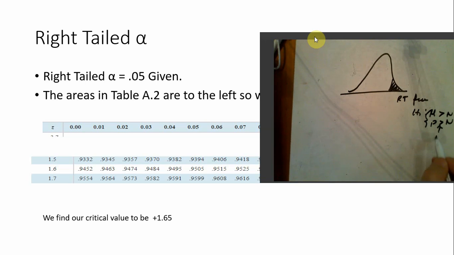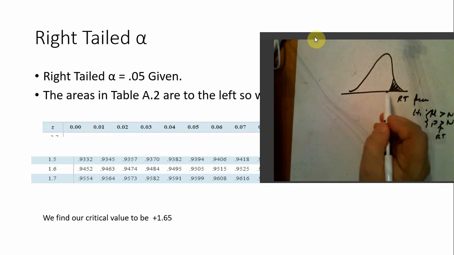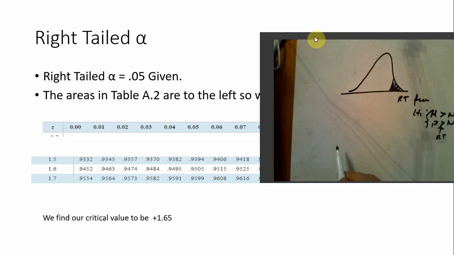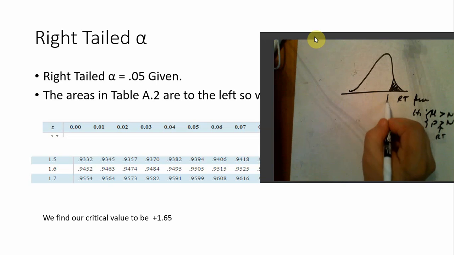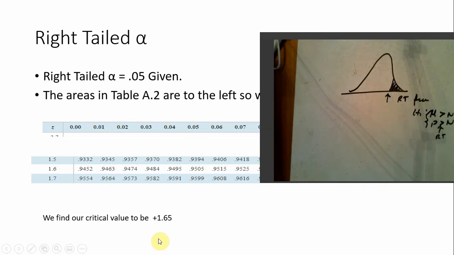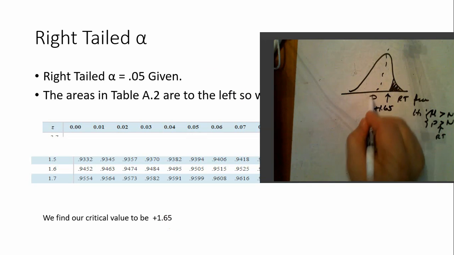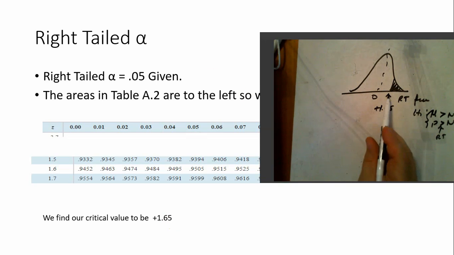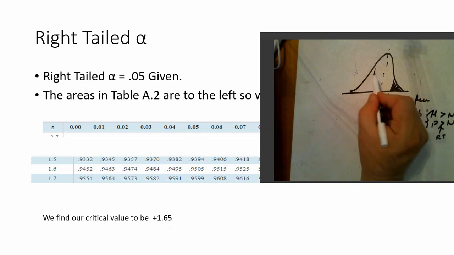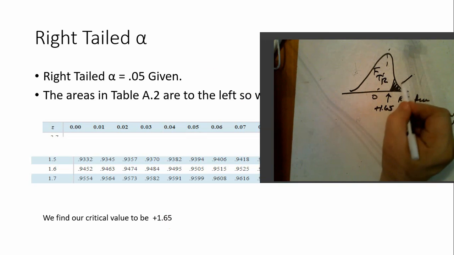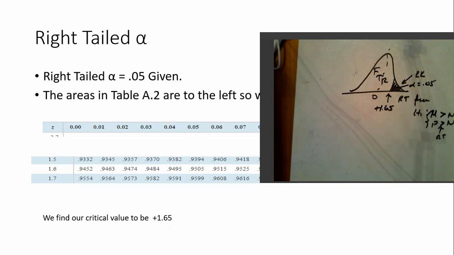And this points to the right, so we do a right tail. And I just need to go find that number. And again, if I go back down here, that gives us a 1.65. Positive version, because here would be 0. We wouldn't want to plot a negative number out here. And again, this is fail to reject region. There's my rejection region, and the area inside is the full alpha of 0.05.